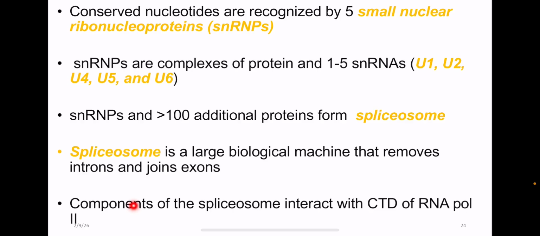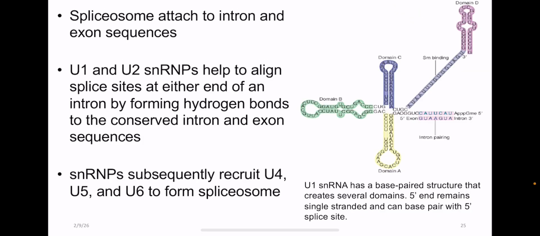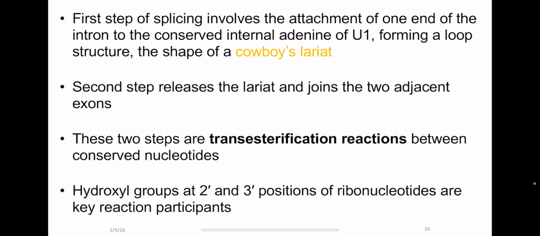I'm not going to go into the detail, but the spliceosome actually interacts with the CTD of RNA polymerase II. That's the part it attaches to. Then it can use its snRNA component to bind to the intronic regions and do the splicing.